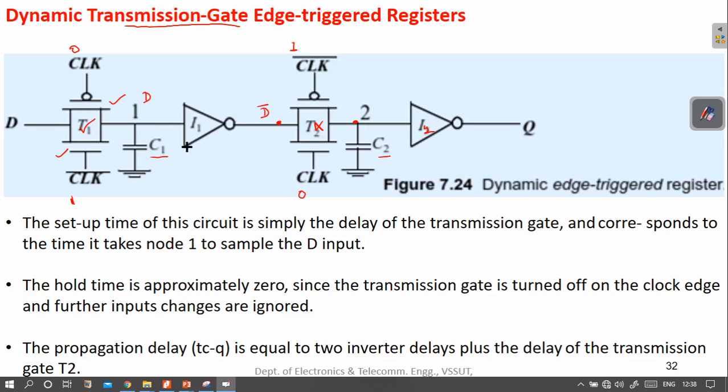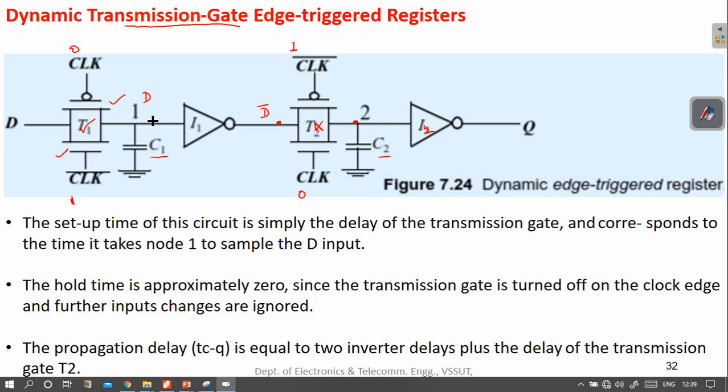Basically this inverter is a CMOS inverter, and we know that CMOS circuits are an example of gate restoring circuits. This does not attenuate the value of input signals.